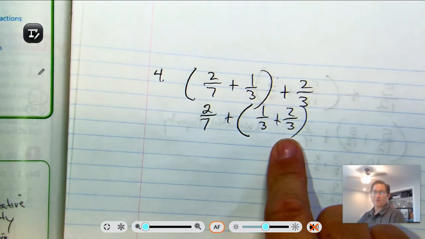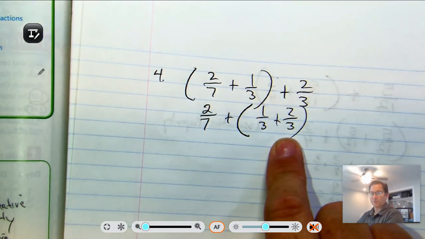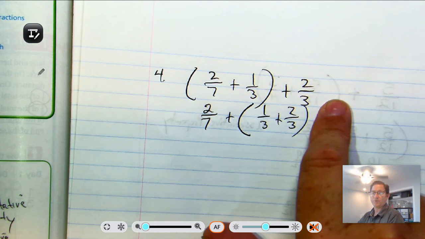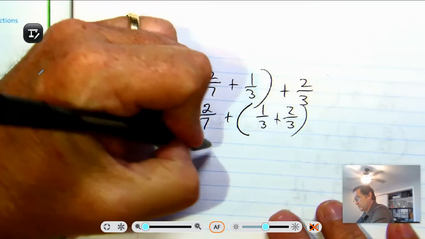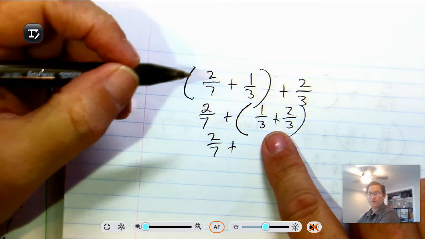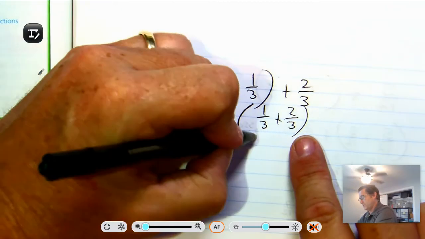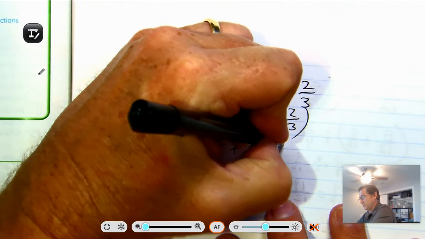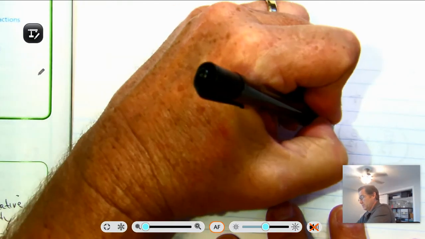We want to put parentheses around the thirds because we want to add those first. I don't want to add 2/7 and 1/3 first. I want to add the 1/3 and 2/3 together. Well, that's 3/3, right? 3/3 is equal to 1.